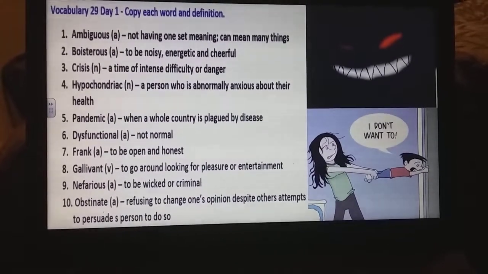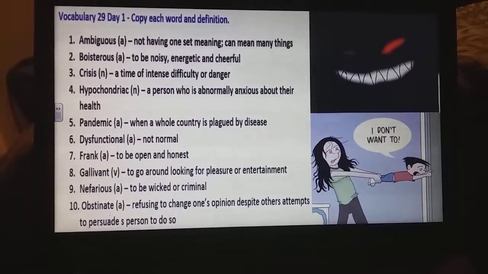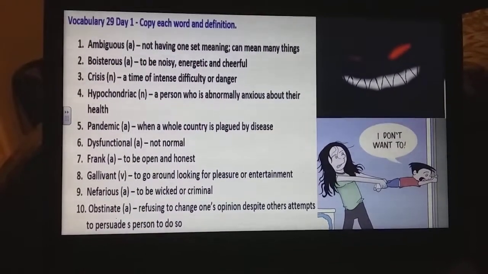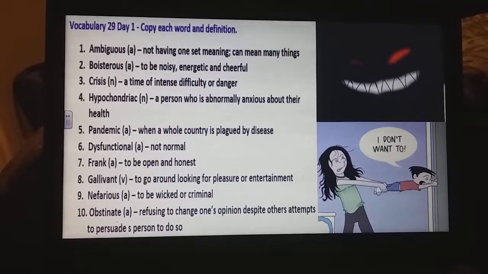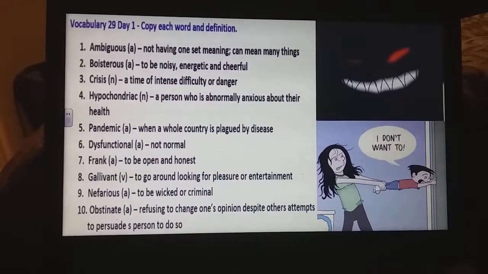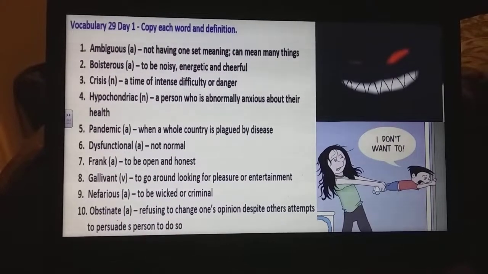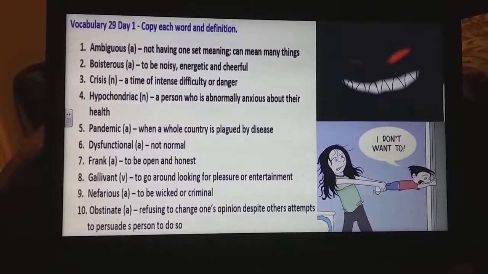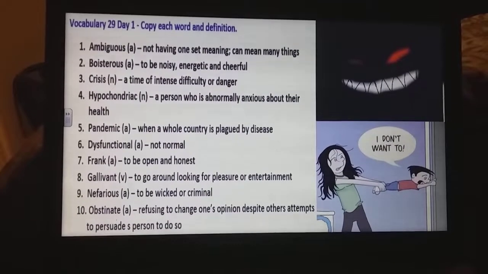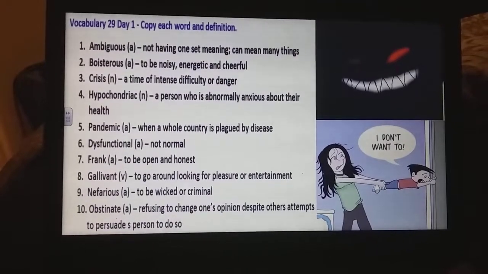All right. Those are your 10 vocabulary words for today, Monday, day 1 for vocabulary 29. Please be sure to take your attendance on the Poly Poll if you have not done so already. Be sure to click on the form under assignment number 1 to go ahead and submit your definitions and complete all 4 assignments today.